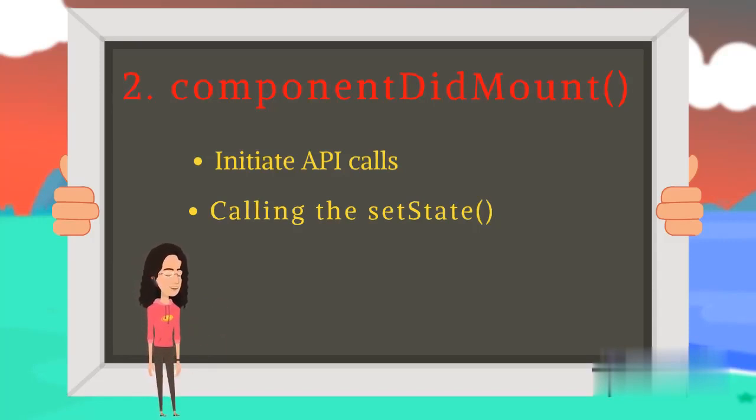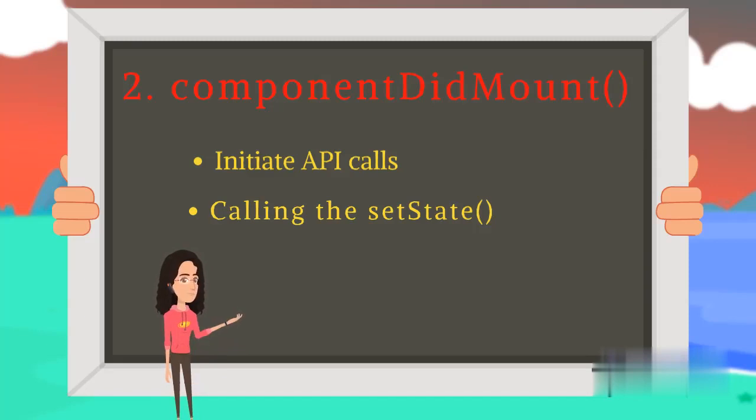Rendering means publishing something on your UI. In addition, DOM is document object model. If things go right, we will discuss it in more detail in the very next video. So here is the method component did mount.